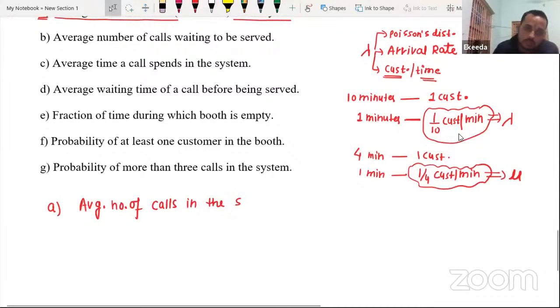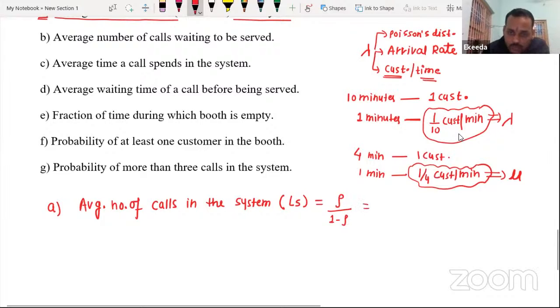That was represented with LS. The formula for LS was rho upon 1 minus rho. So it is going to be lambda by mu upon 1 minus lambda by mu. So LS will be lambda upon mu minus lambda.